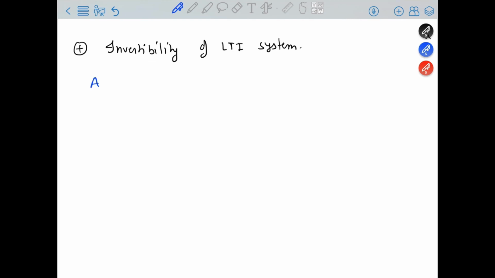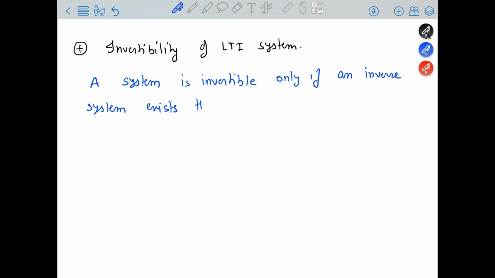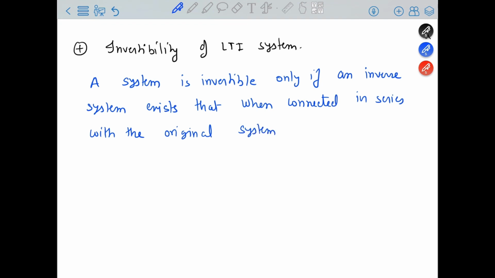So a system is invertible only if an inverse system exists that, when connected in series with the original system, produces an output equal to the input.